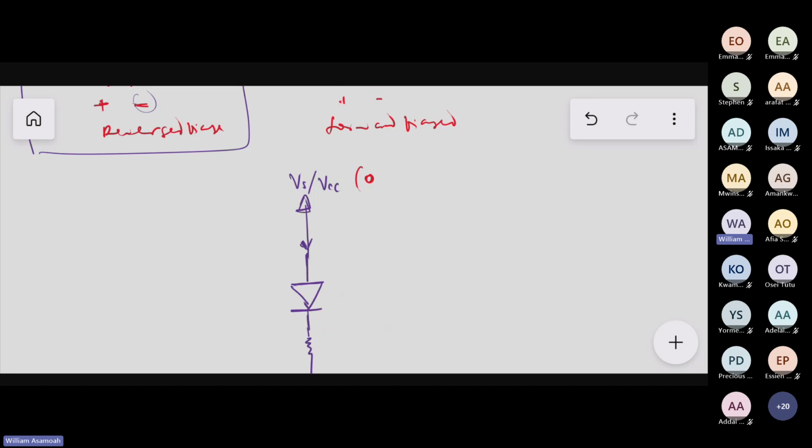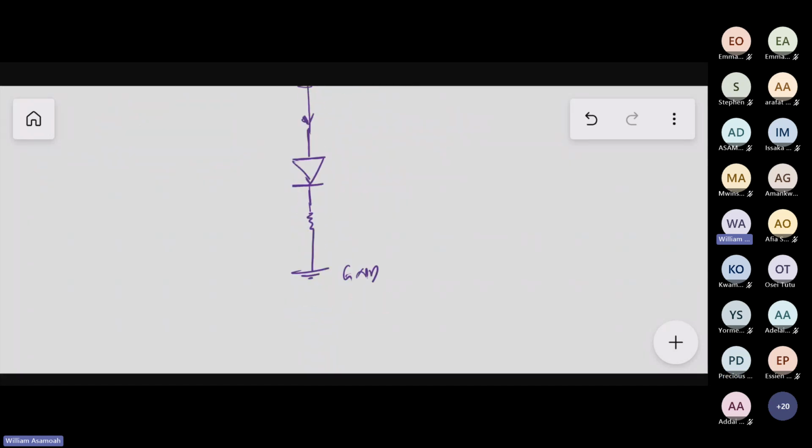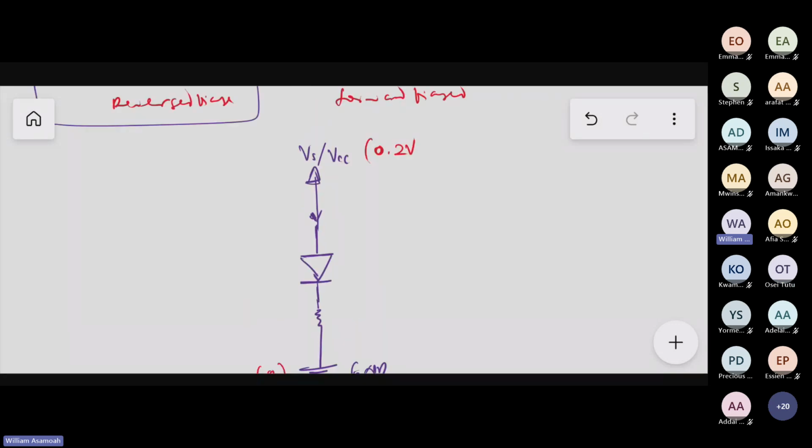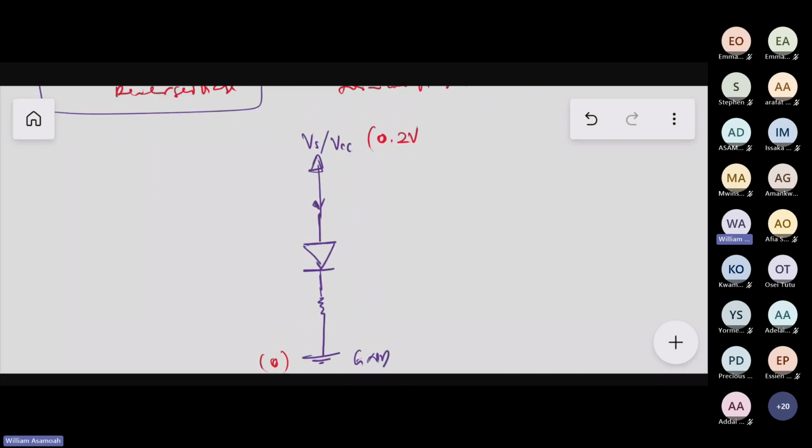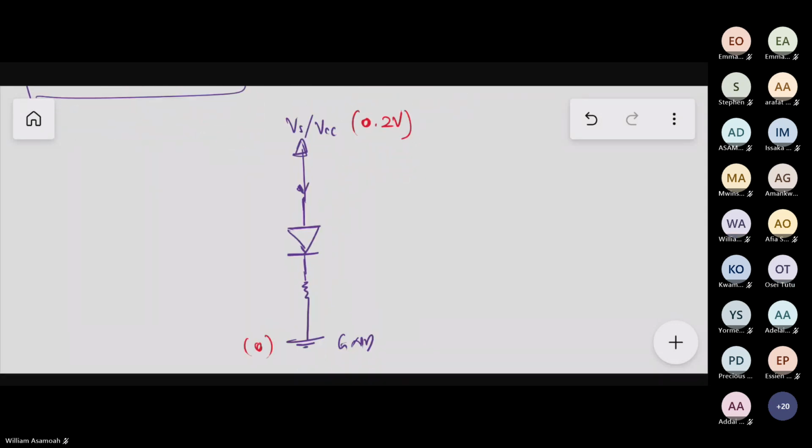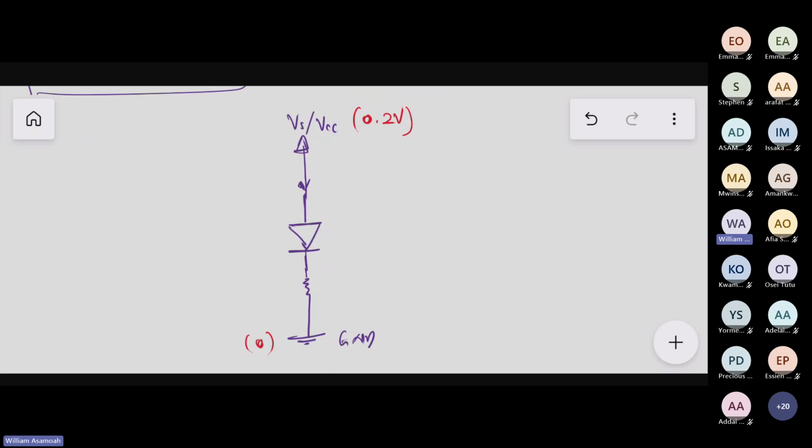So here is 0.2 volts. And then ground is always 0, right? Yes, sir. Ground is always 0 volts. So here is 0.2 volts and 0 volts.